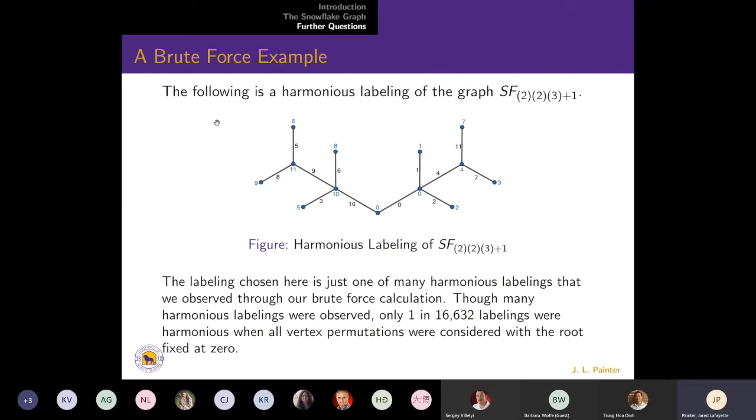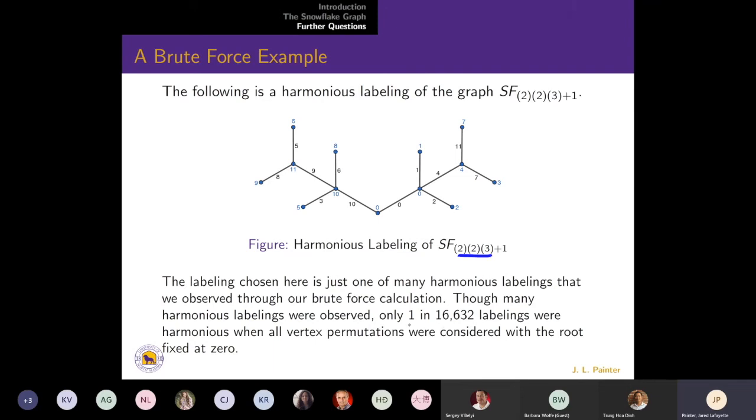One example that we did look at, so this is an example where they're not odd, SF(2,2,3)+1. I sort of found this harmonious labeling just by brute force calculation on the computer, and there's no pattern to it. This is just one of a bunch of them that I observed. So this kind of leads to a question of whether or not we can show somehow that other snowflake graphs or even other starlike trees are harmonious.